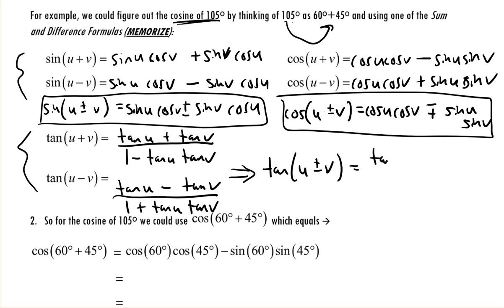It would look like this. The only thing that changes are these signs. If you're adding, this one's a plus and that one's a minus. And if you're subtracting, this one's a minus and that one's a plus.